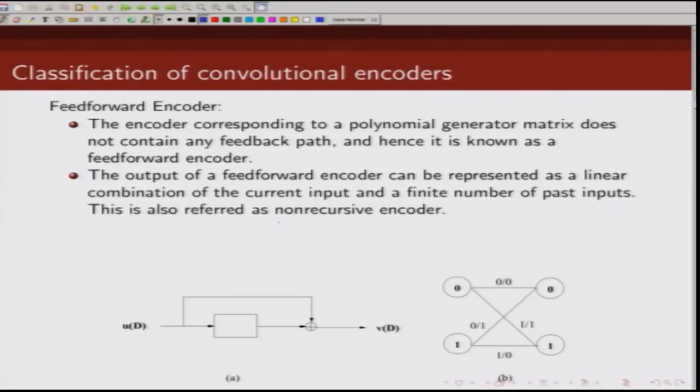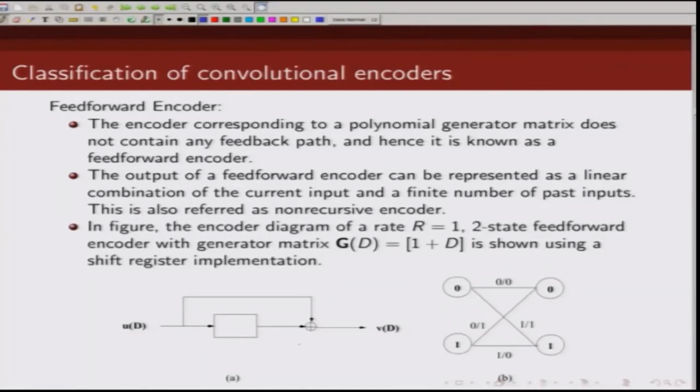We also refer to this type of encoder as a non-recursive encoder, and in this we have an example of a rate 1 code, because 1 bit is input and 1 bit is output, and the generator matrix of this rate 1 code is given by 1 plus D. You can see this is an example of a feed forward encoder whose generator matrix is a polynomial generator matrix, and there is no feedback from the output to the input side.